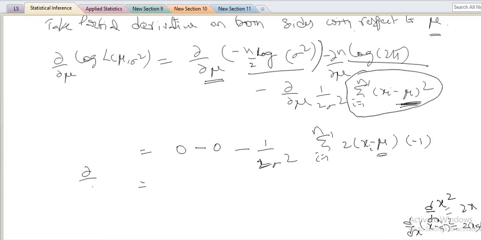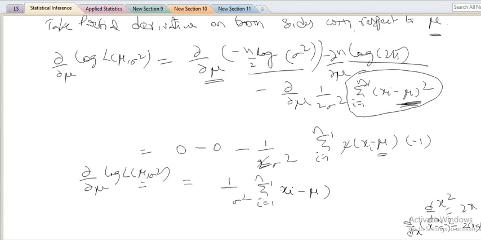So dou by dou mu of log of L of mu comma sigma square equals minus minus gets plus, 1 by 2 sigma square summation i equals 1 to n of (xi minus mu). The 2 gets cancelled, and sigma square will be in the denominator.